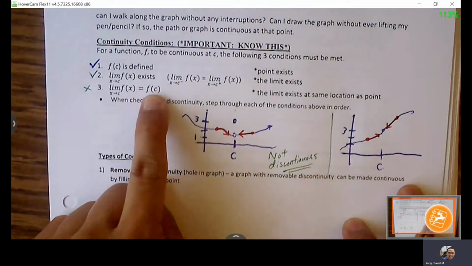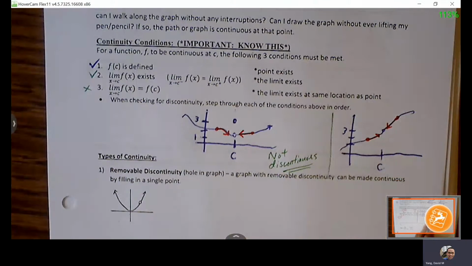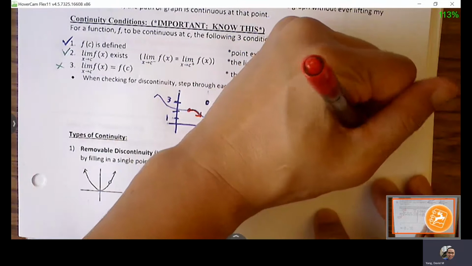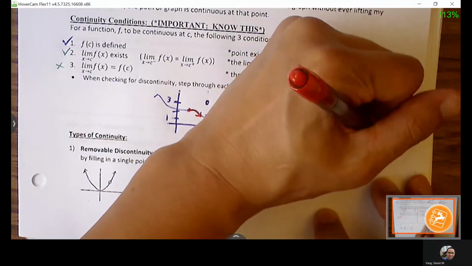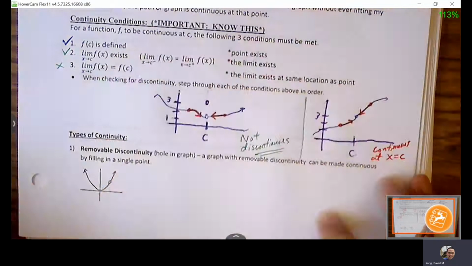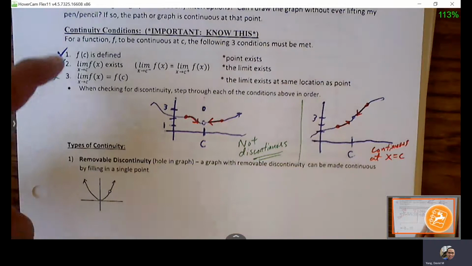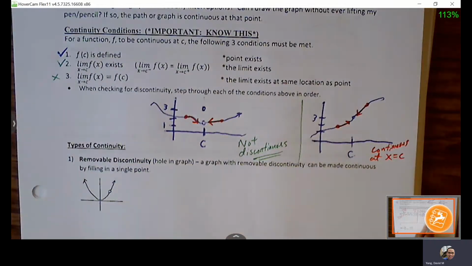And the limit and the ordered pair are in agreement, right? The arrows are moving towards the same location as where the point lives. So therefore, this function will be continuous. So right now, I just want to give you a visual representation of each of these conditions.